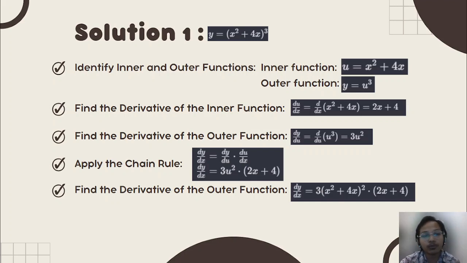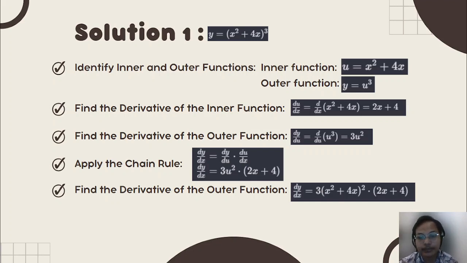Then we need to find the derivative of the inner function. du/dx of (x^2 + 4x) equals 2x + 4, while the derivative of the outer function is dy/du equals d/du of u^3 equals 3u^2.